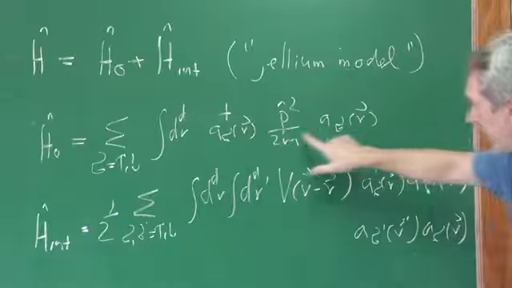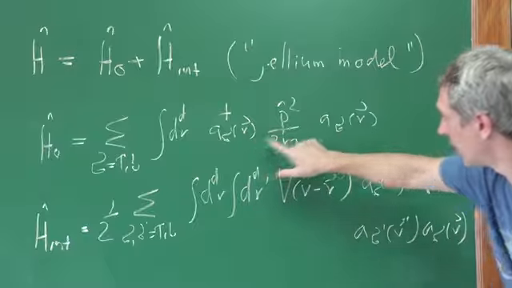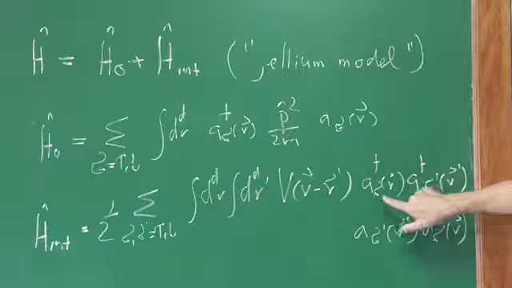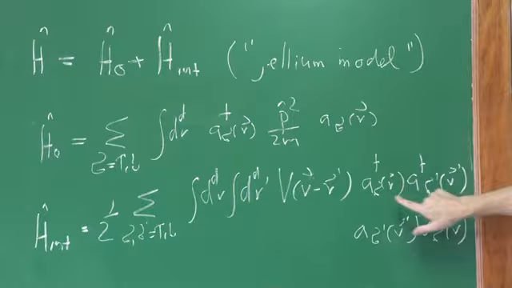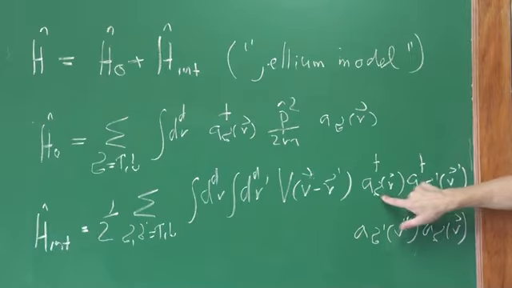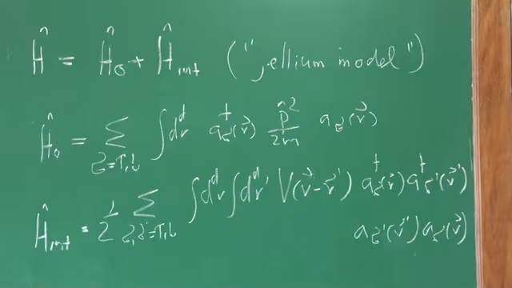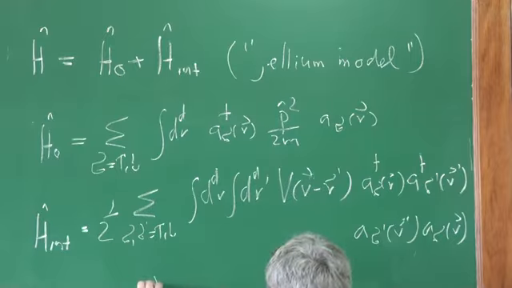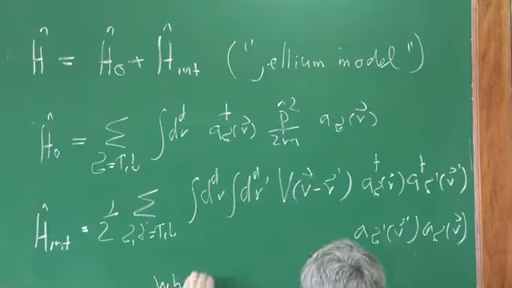So we have a non-interacting quadratic term, and then we have a quartic term which accounts for the interaction of the spinful electrons, sigma and sigma prime, with the interaction potential, which is just the Coulomb interaction.